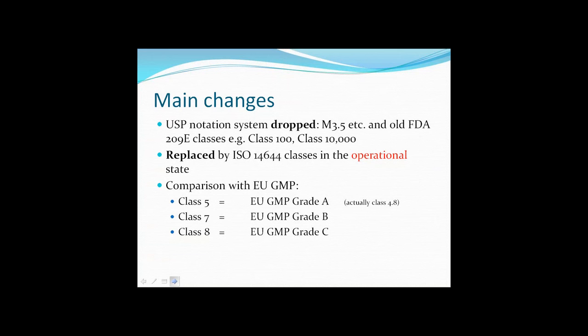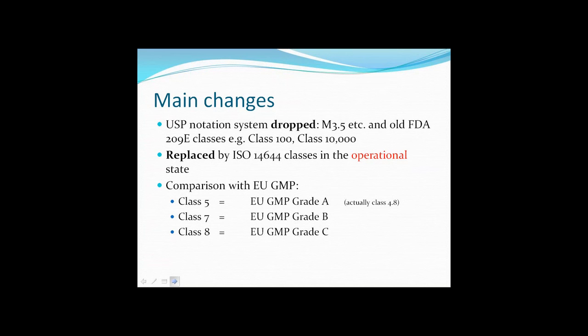So here we do have a difference with both European Union GMP and World Health Organization GMP on one side and the USP and the FDA guide on the other side. And this is because the World Health Organization and EU GMP use an alphabetic notation. So here cleanrooms are listed as grade A, grade B, grade C and grade D. So there is to an extent a translation issue.